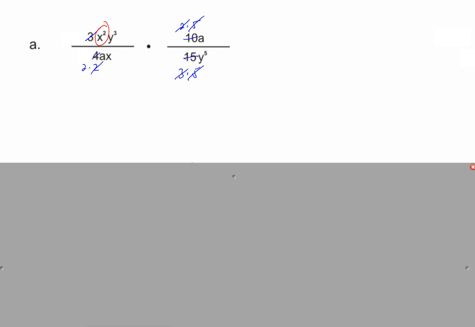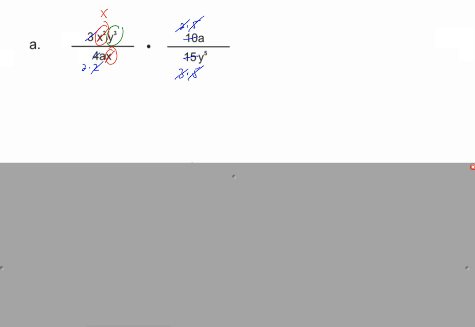I have an x squared, and I have an x. Now again, most people understand if there's 2 on the top and 1 on the bottom, that leaves you what? 1 on the top. Now if you can't do that, then make the top x times x and cross off the common x's top and bottom. That's the idea.